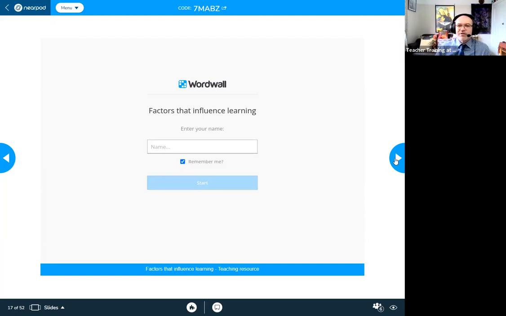One thing to bear in mind with the matching activity is that you'll be looking at personal, social and cultural factors that impact on learning. And you've got to match all of the words there with either personal, social or cultural.